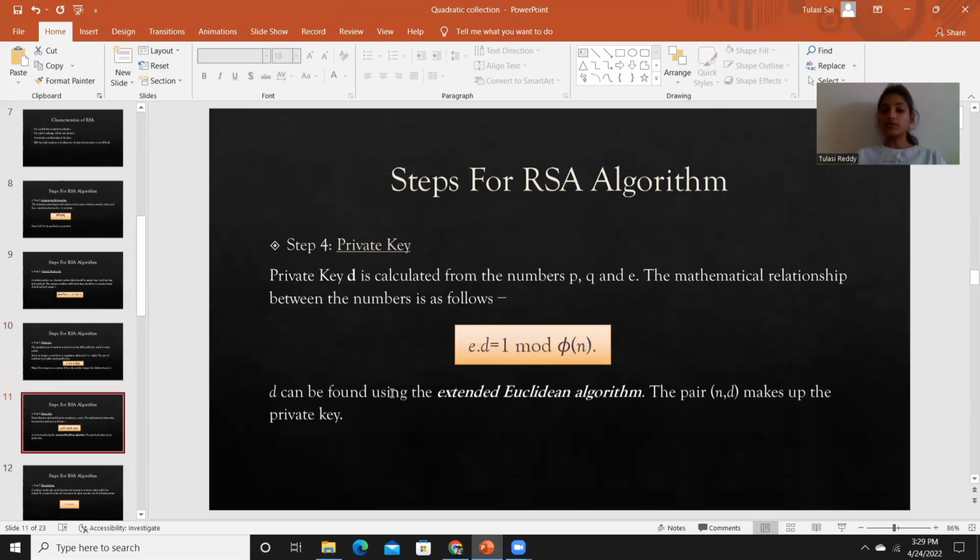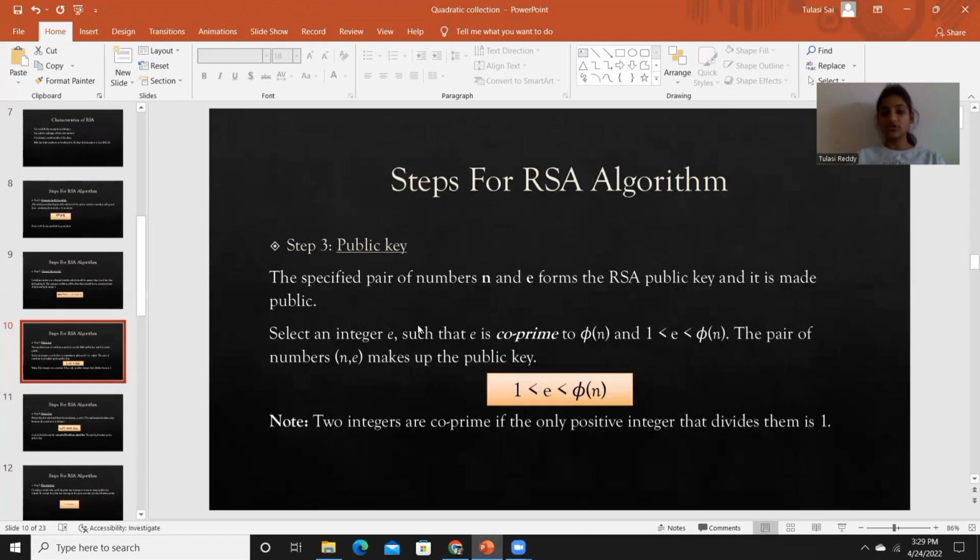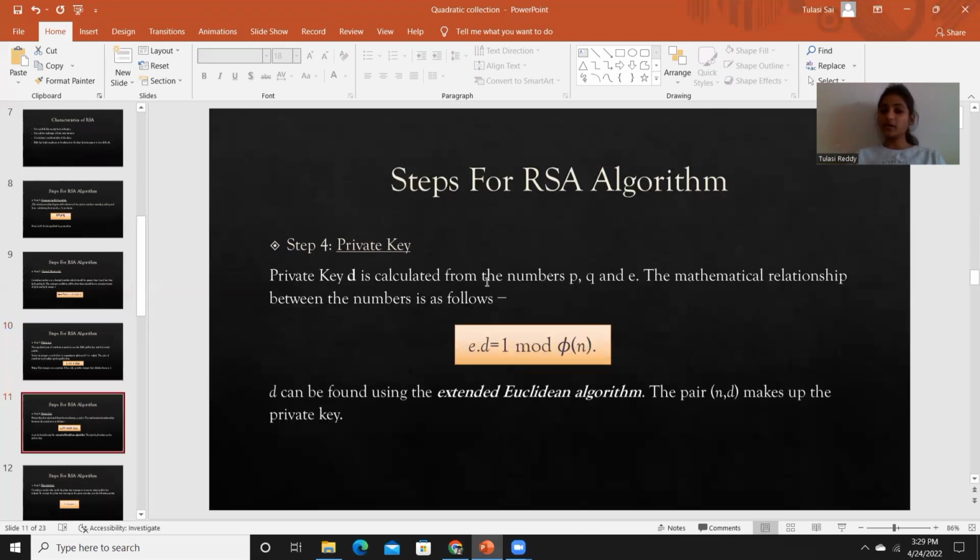After finding the e value under the condition given here, we will find the fourth step, the private key. The private key D is calculated from the numbers P, Q and E. The mathematical relation between the numbers is as follows: E into D equal to 1 mod psi of n.